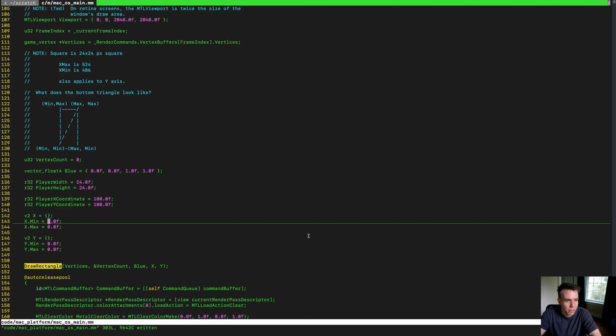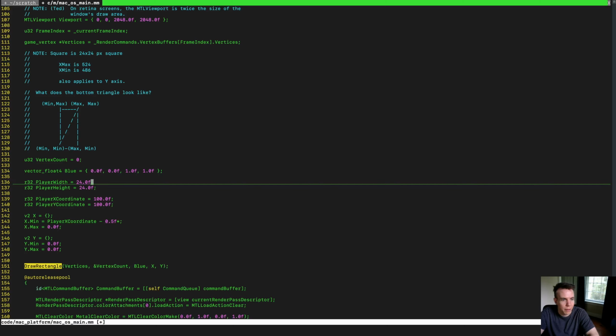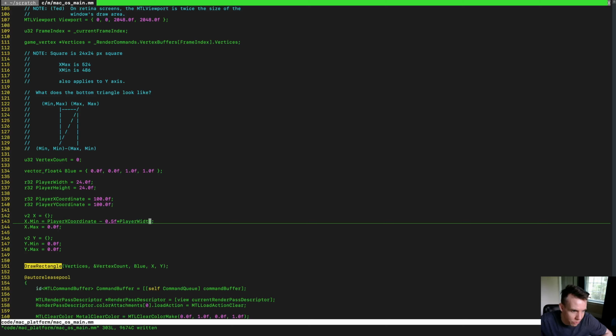So this is just player x coordinate minus 1/2 times player width. All right, so that's where that rectangle starts.